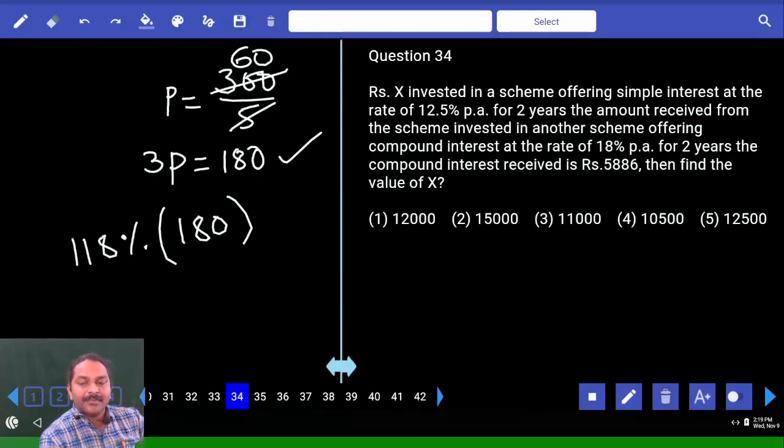Next, X rupees invested in a scheme offering simple interest at the rate of 12.5% per annum for 2 years.